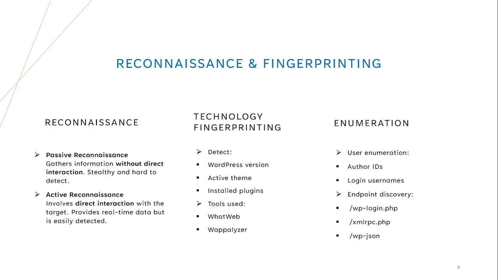For endpoint discovery, by searching these parameters on their WordPress website, we can see wp-login.php, the login page of their website. Attackers can use it to brute force with the user IDs they have enumerated, and if the passwords are weak, the attackers can easily compromise the system.